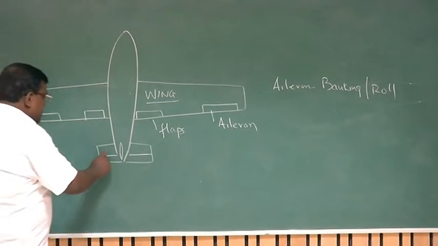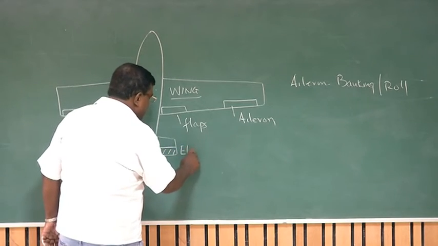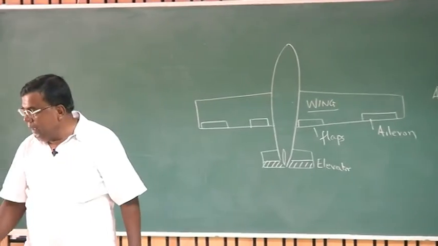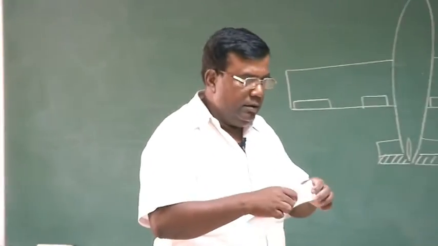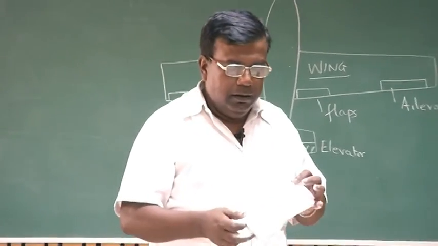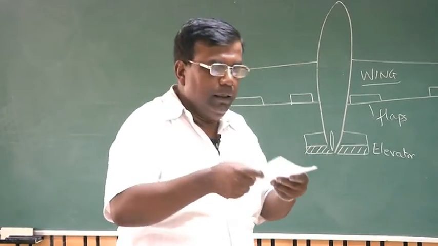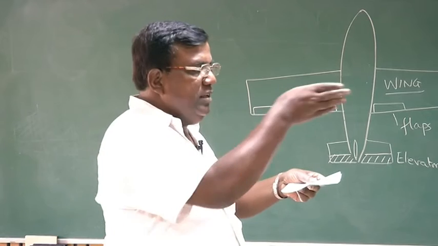Then we have this, the elevator. What will the elevator do? Imagine this is the horizontal tail, and part of it is the elevator. So I am moving in this direction.